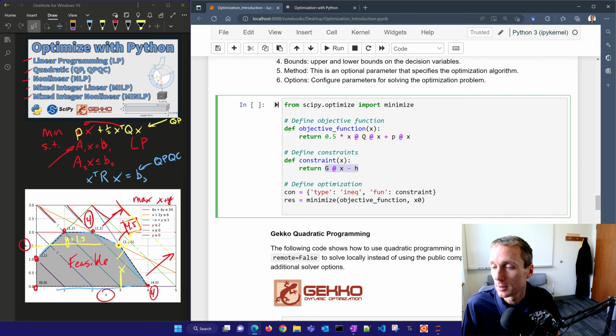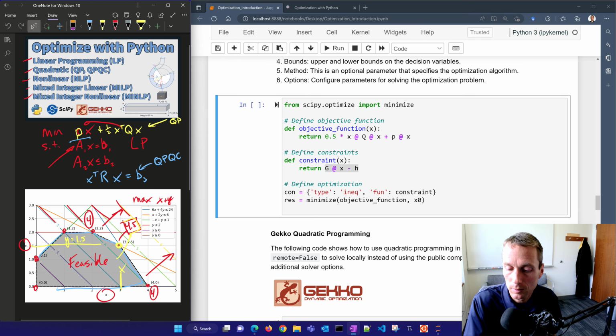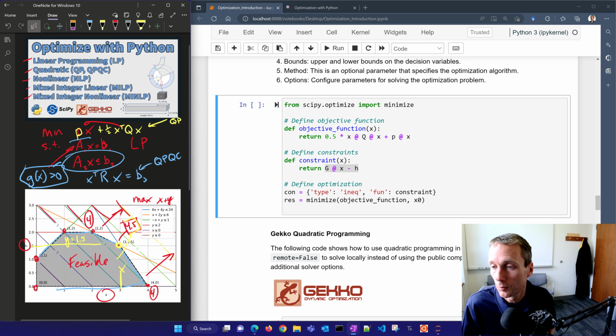So we've got to have it in terms of SciPy optimize. We'll just fit this constraint, this one right here, into a g of x is greater than 0 form. Okay, so we'll fit that into that form for SciPy optimize minimize because it solves general nonlinear problems.